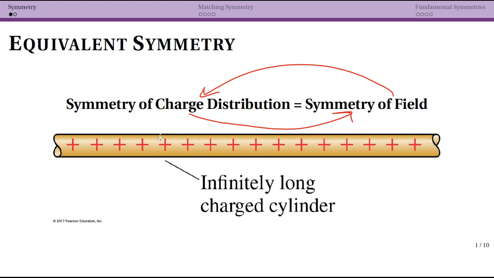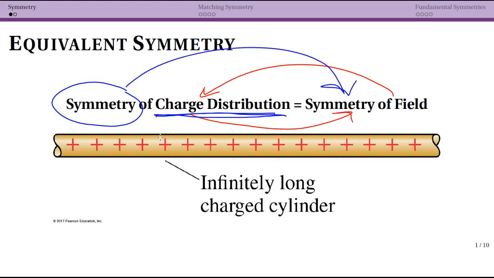So this is the sort of case where we're starting with a charge distribution that we know, we're figuring out its symmetry, and then we'll figure out something about the field. Now, using this is never going to give us suddenly a quantitative equation for the field, but figuring out the symmetry is usually step 1.